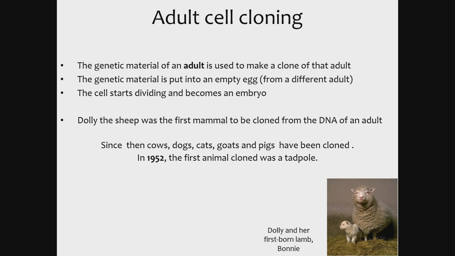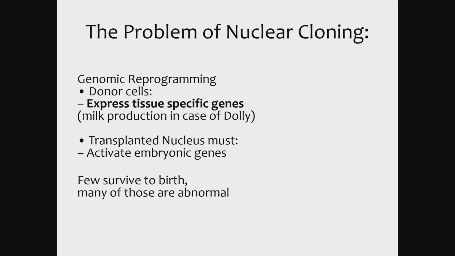another sheep that was activated with estrogen and hormones to pretend that she's pregnant, and then the clone was born. So we have this genetic reprogramming, from milk production in the case of Dolly, that has to be reprogrammed.